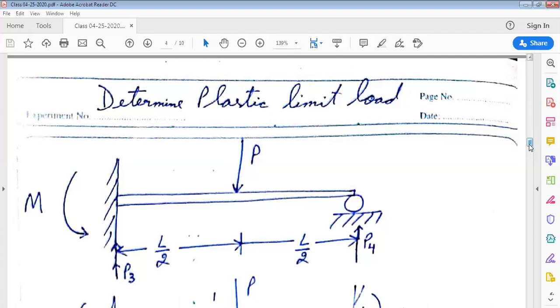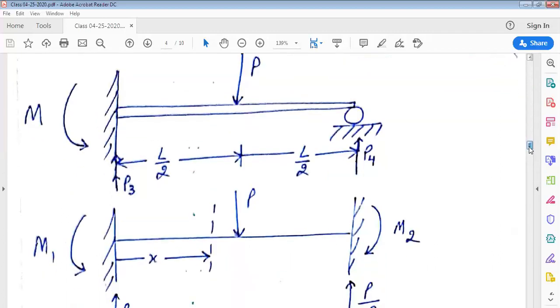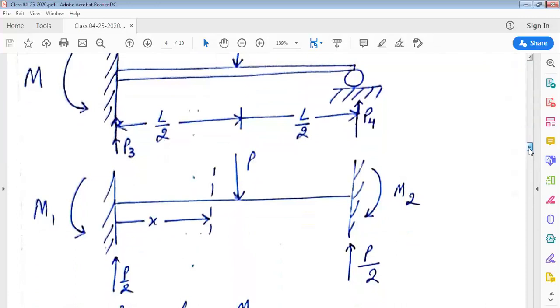So the two configurations are, in the first configuration, we have fixed the right end. You can see below this beam, we have made another beam in which right end is also fixed.